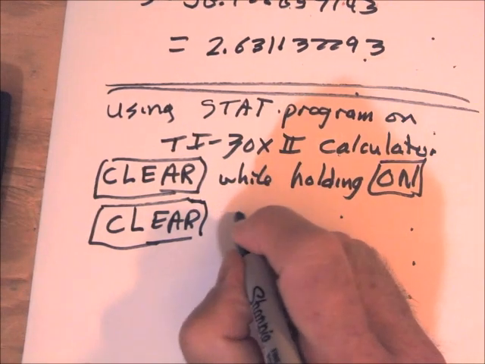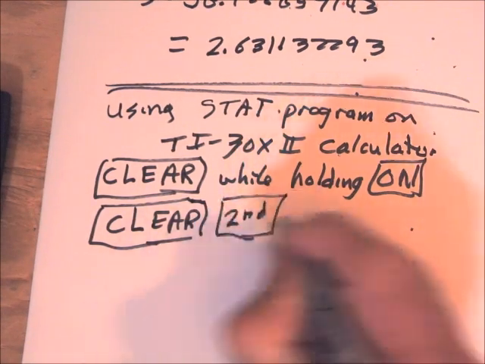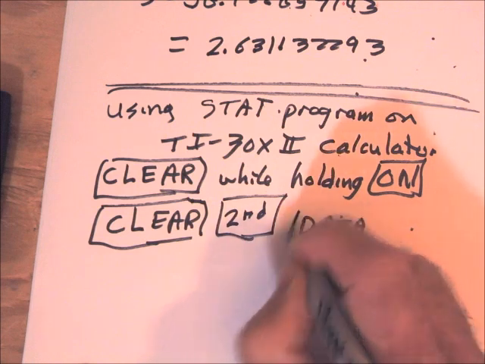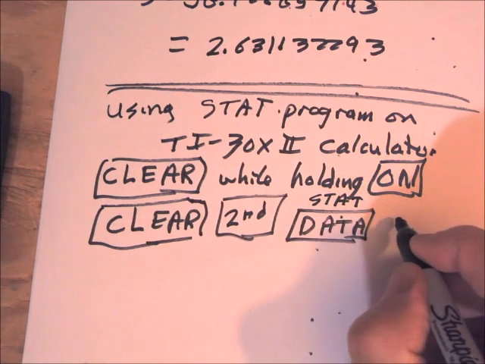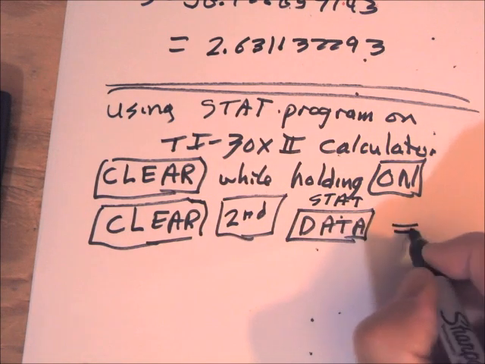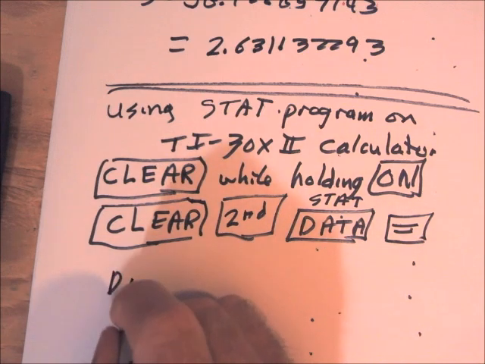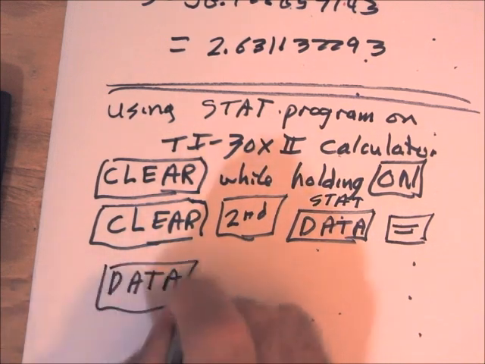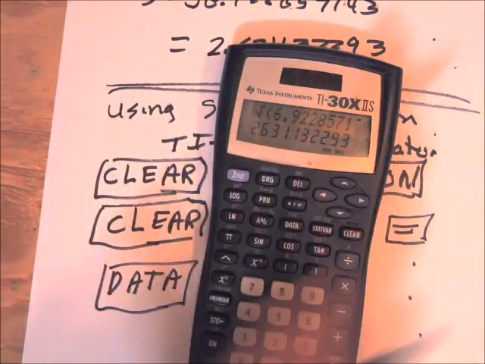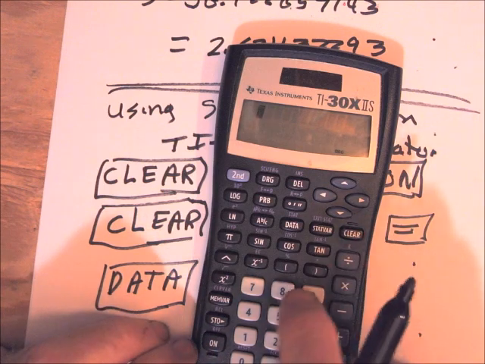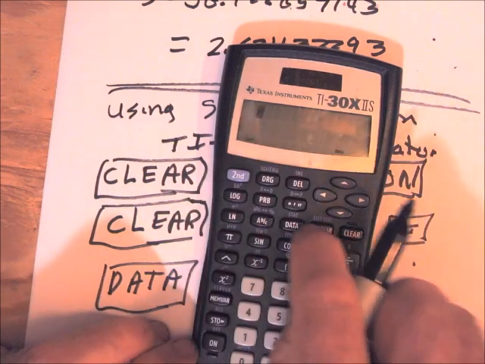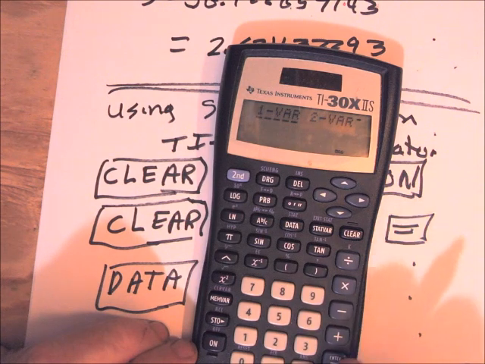And then you want to push second data. The second function for data is the stat program. And then push equals, and then data again. It'll say one variable or two variable. We want one variable. Next week we'll be working with two variable statistics.